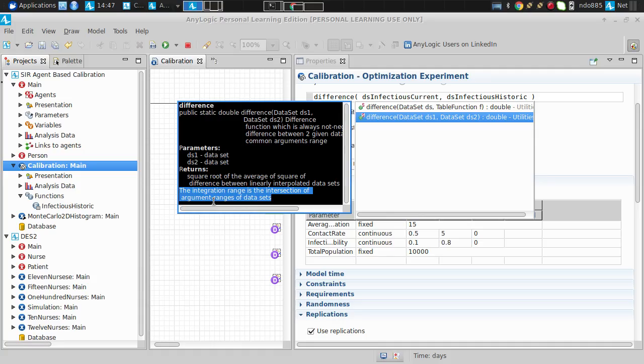This is a variant of what's called the square root of the sum squared error. So it's something along the lines of x0, the model output, minus y0, the observation, squared, plus x1 minus y1 squared, plus all the way to the last one, xn minus yn squared.